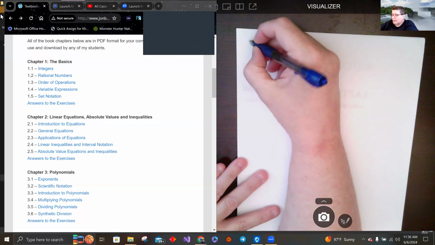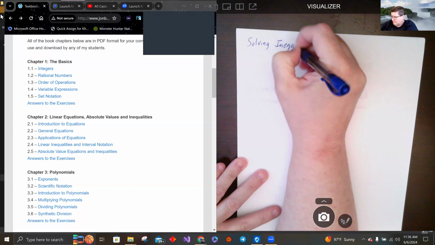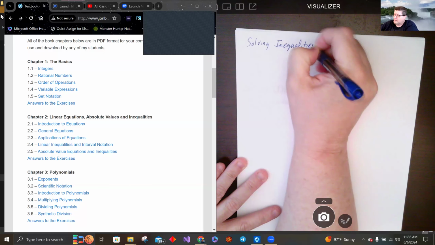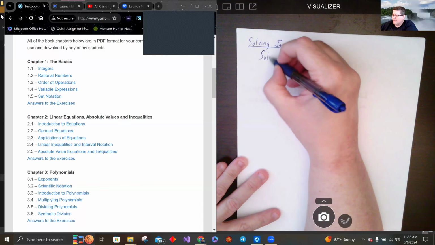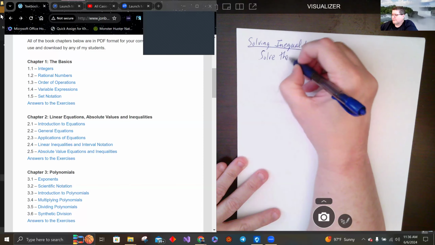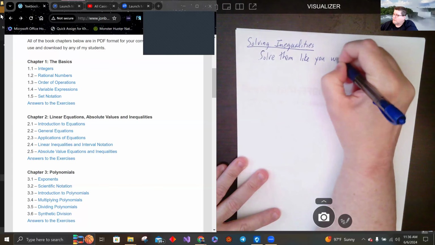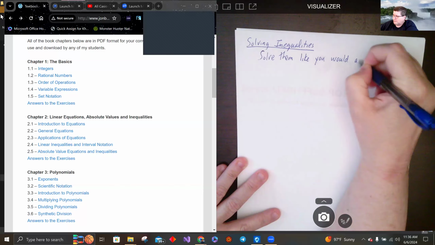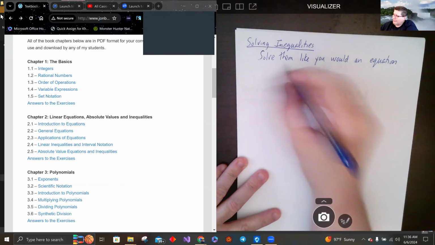So solving inequalities: solve them like you would an equation, except for the following caveat.